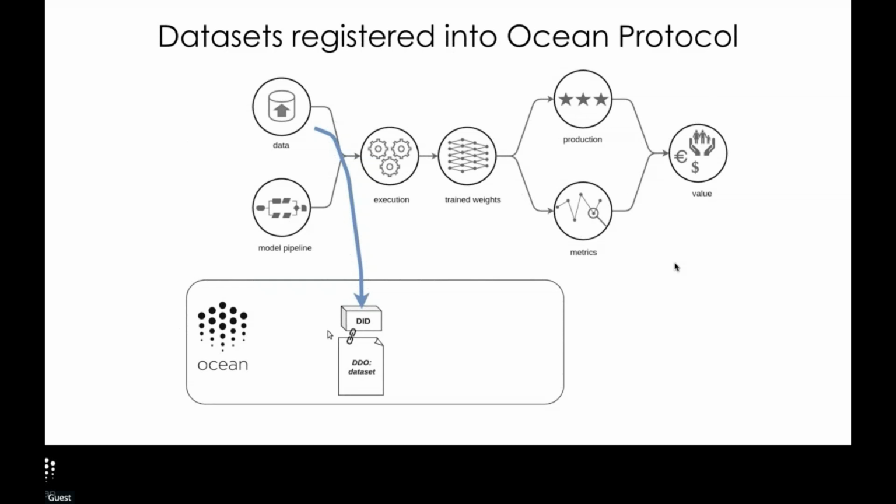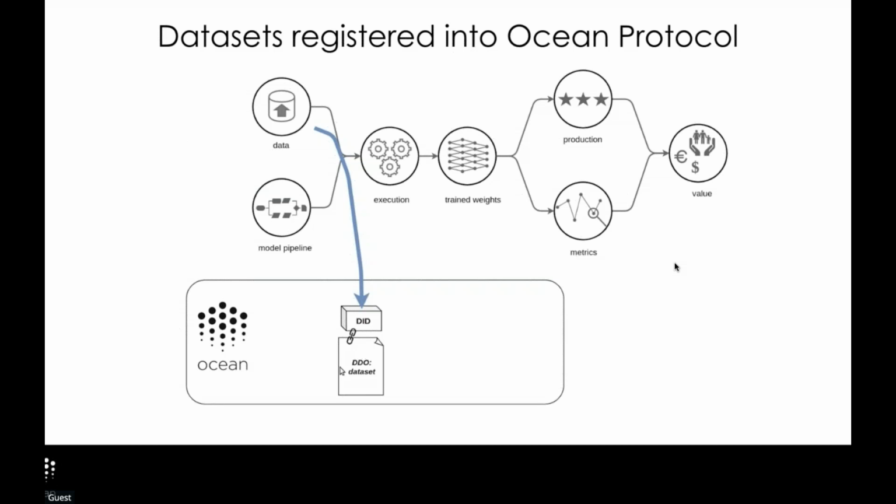In the decentralized world, we have a distributed identifier, a DID, which is a 256-bit string. This is attached to a DID description object, a DDO, and this is what is actually registered in the protocol.